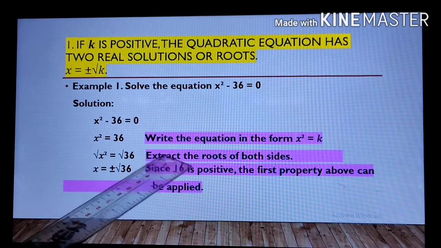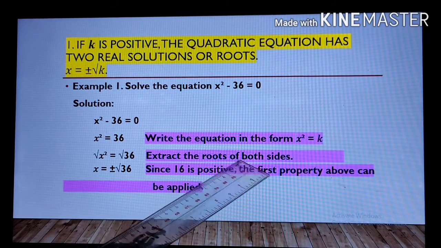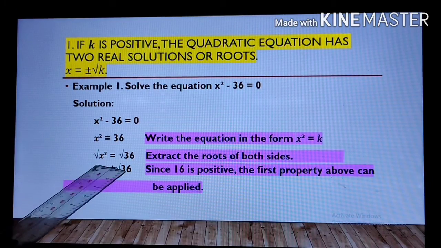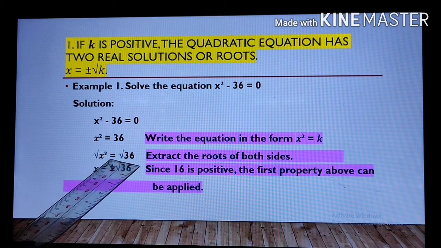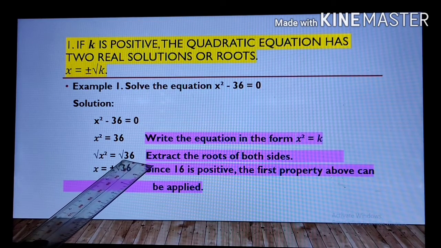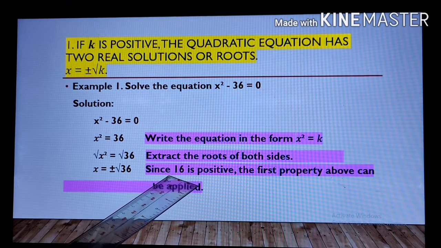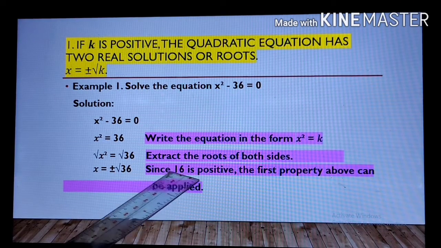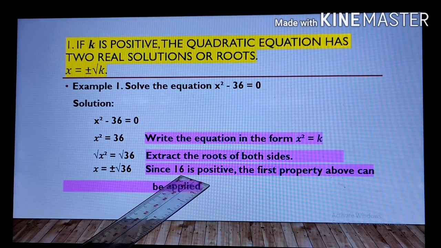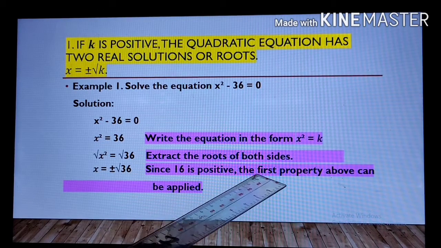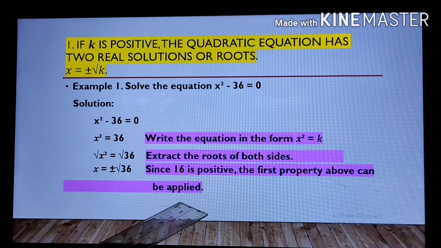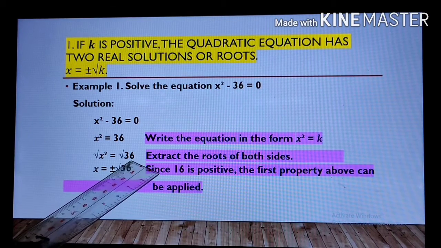Then next, we are going to extract the roots of both sides. So square root of x squared is equal to square root of 36. Then next, since 36 is positive, the first property above can be applied. Right? 36 is positive.